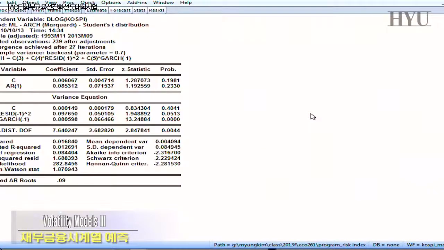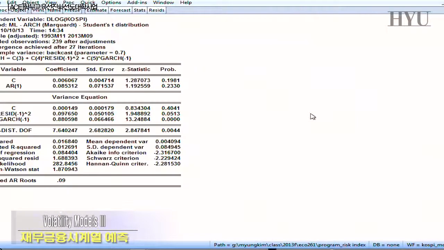First, this one is the coefficient to the lagged squared residual, that's ARCH one. And this one is the GARCH term, in our notation sigma t squared. So this one is the coefficient to sigma t minus 1 squared.